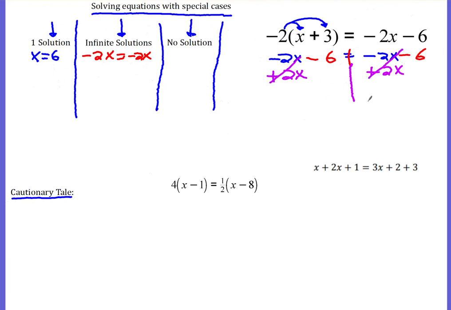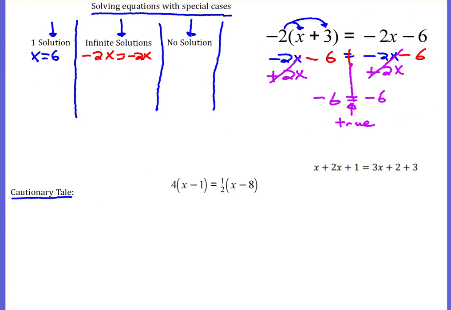They're just inverse operations. What carries down is just negative 6 on the left and negative 6 on the right. And at this juncture, you're basically saying, well, negative 6 equals negative 6. That's true.